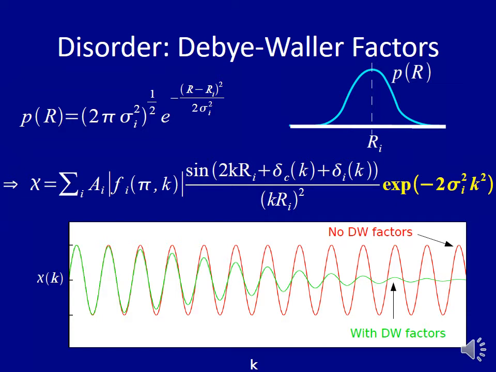Also, since this probability distribution gets wider as temperature grows because vibrations get larger, you also have what looks kind of like a melting of the XAFS curve. At larger temperatures, the effects of damping are much larger.